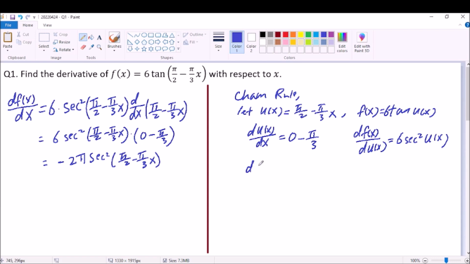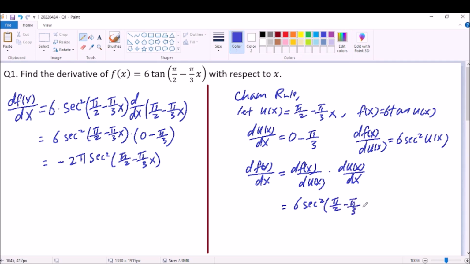So using the chain rule, df/dx equals df/du multiplied by du/dx, where df/du is 6 secant squared u(x), which is pi over 2 minus pi over 3 x here, right?